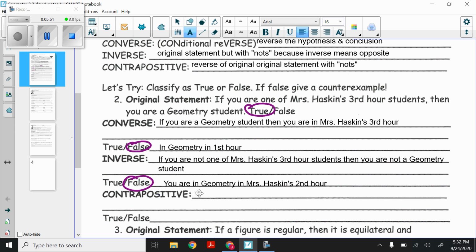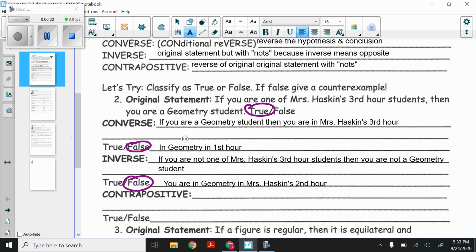So now we want the contrapositive. The contrapositive, remember, is the converse reversed. Okay, so it's where we take the original and put nots in it. So the original statement, if you are one of Ms. Haskins' third hour students, then you are a geometry student. We took the converse of that and said, if you're a geometry student, then you are in Ms. Haskins' third hour class.